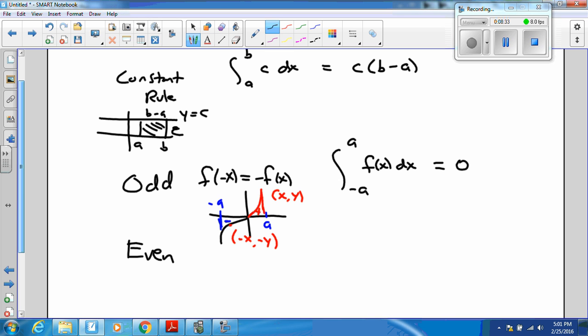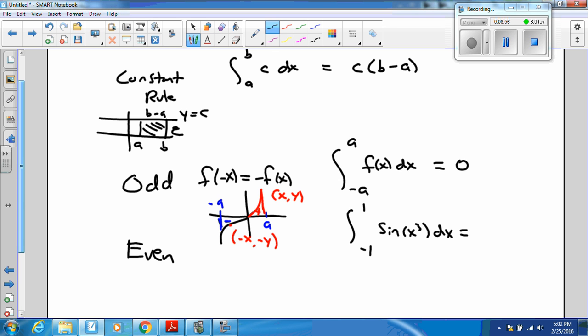That's really helpful. So here's an example of this. Consider this integral, the integral from negative 1 to 1 of sine of x cubed dx. Your first thought is, I don't know anything about sine of x cubed, and that's not a particularly special shape, so I can't find the value of this integral. Not so.